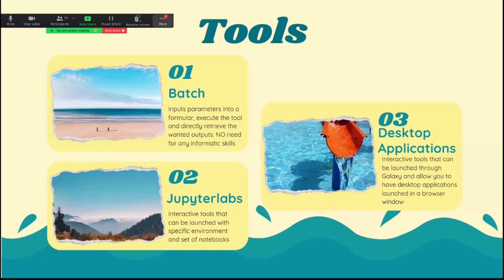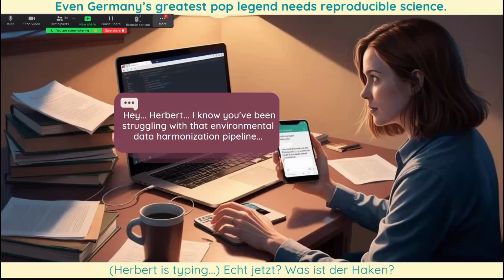You do everything that you want to do in this application, and then you can save everything, and it will be available within the Galaxy instance. So what is nice with Galaxy for these kinds of tools is that you can chain a desktop application to a Jupyter Lab to a batch tool, and everything can be done in one place.